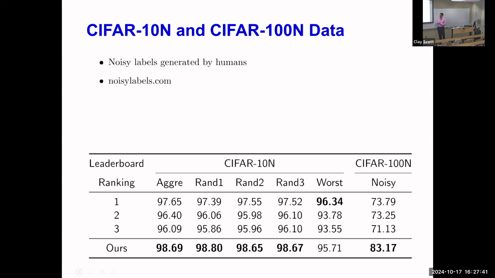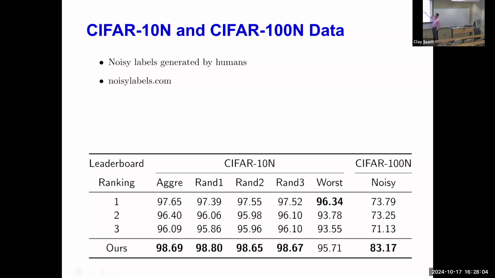And they aggregated the human labels to get a noisy label in 5 different ways. That's these 5 categories, at least for CIFAR-N.